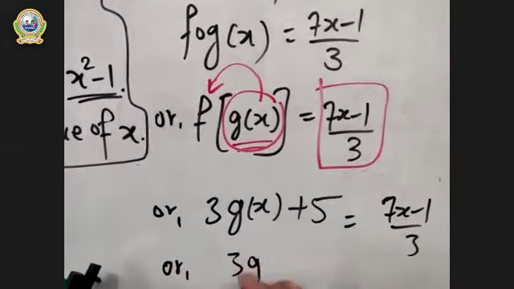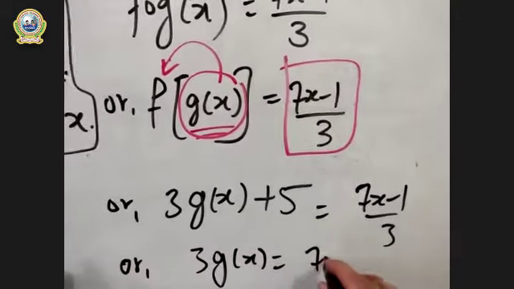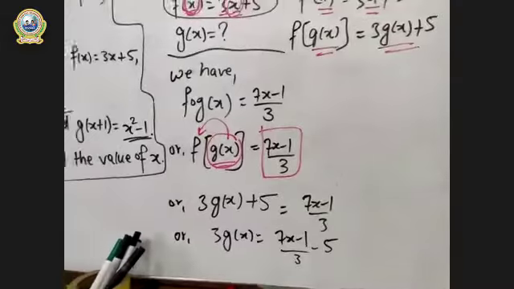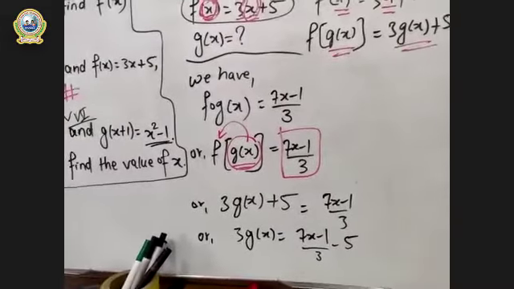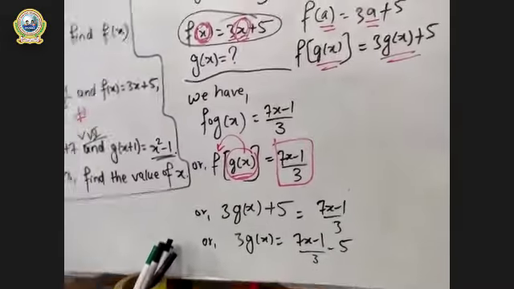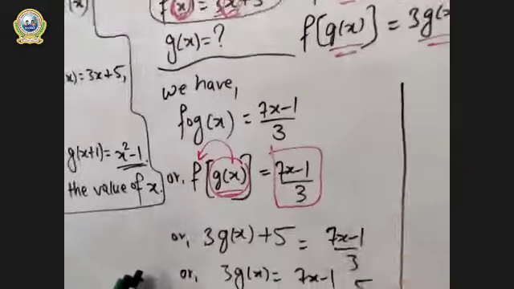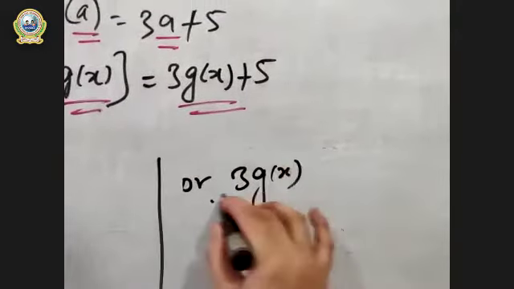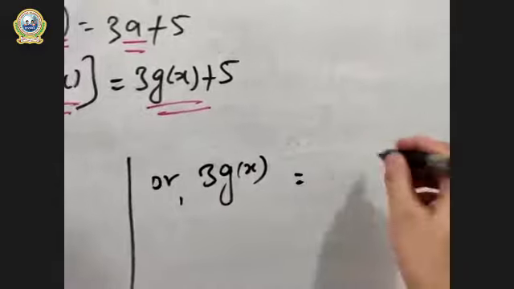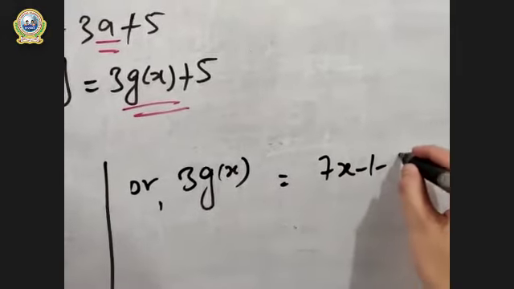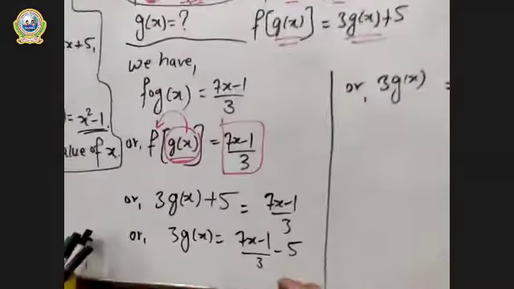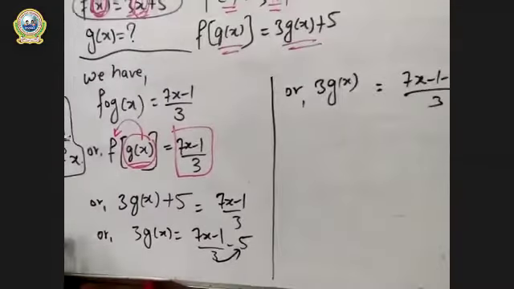Now 3 times g(x) is equal to (7x minus 1)/3 minus 5, right? Taken to the right part. Now it is very easy. Now take the LCM. So 3 times g(x) is equal to, if you take LCM, (7x minus 1 minus 15)/3, right? 5 times 3 is 15. Just multiply this 3 with 5.